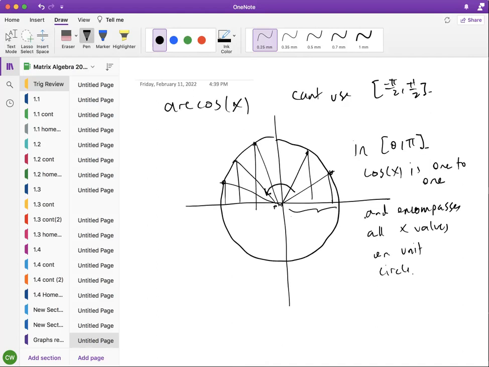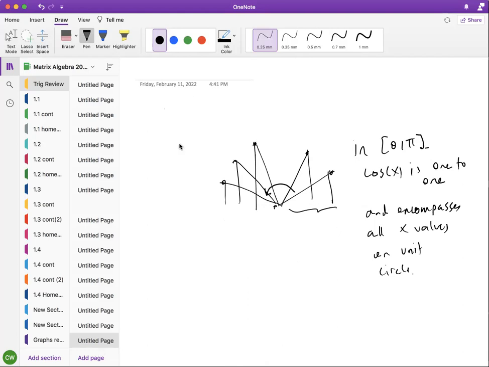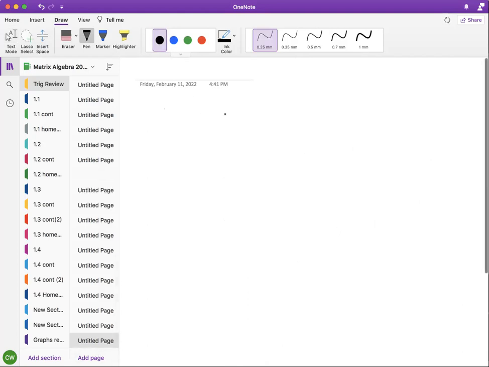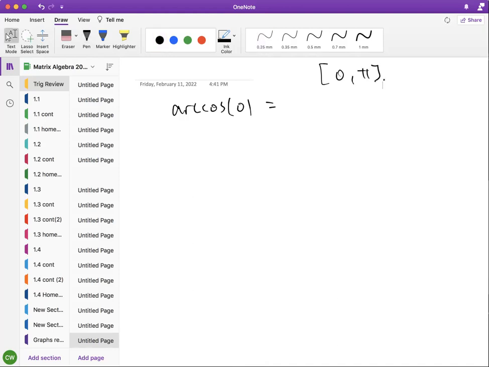Okay, so we can do the same thing. We can figure out values of arc cosine. Arc cosine of 0, let's say. Well, what is the only angle in 0 to pi where cosine of that angle is equal to 0? The only answer is pi over 2. Arc cosine of 1.